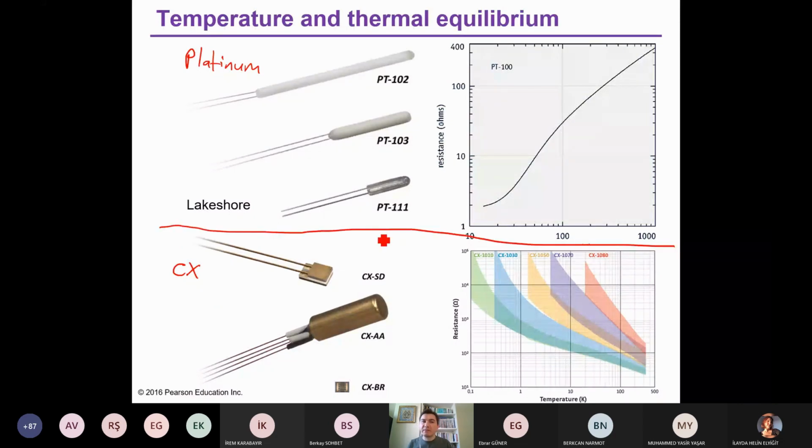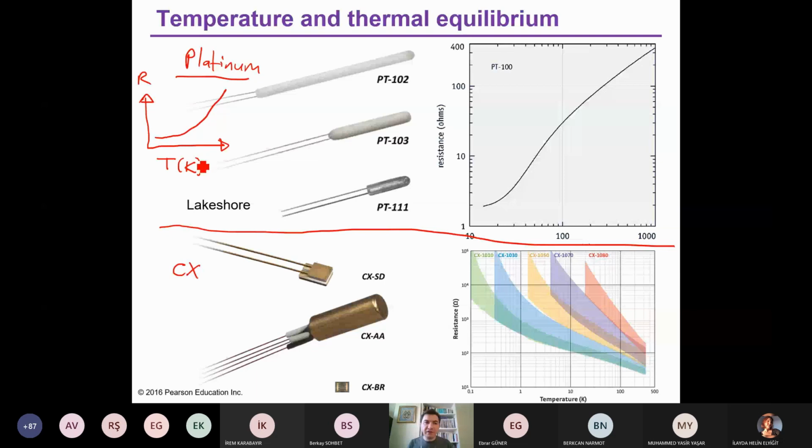Platinum is a metal, okay, and metals have this type of behavior with temperature. This is the temperature in Kelvin, and this is the resistance or resistivity of the material, okay? And in the case of metals, there is this type of behavior.